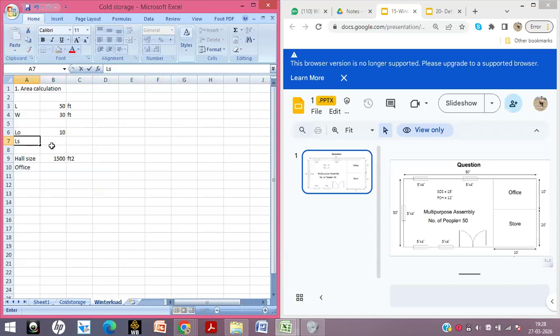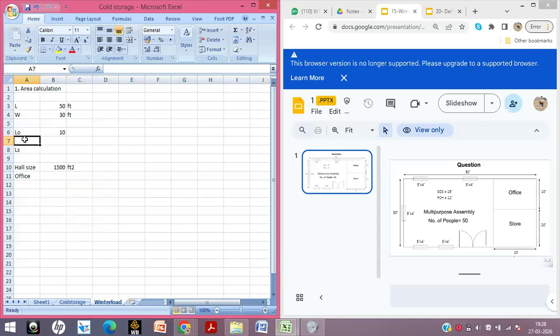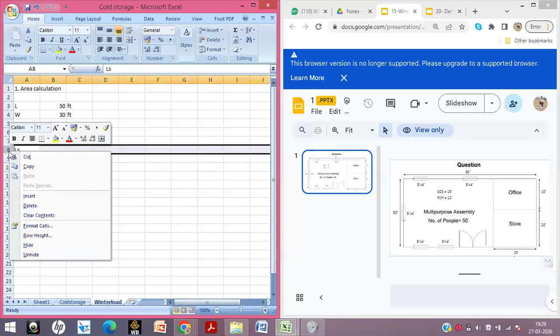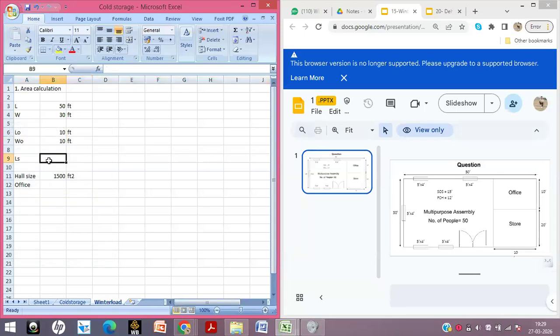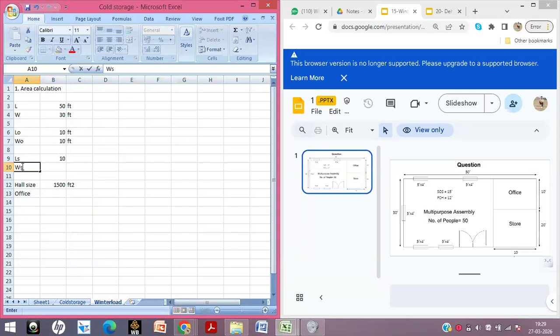The width of office is 10 feet. The length of store is nothing but 10 feet, and the width of store, you can see here, is 20 feet.